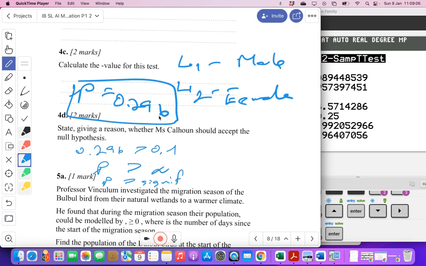So this means accept. So there is no significant difference, statistically speaking, between the males and females.